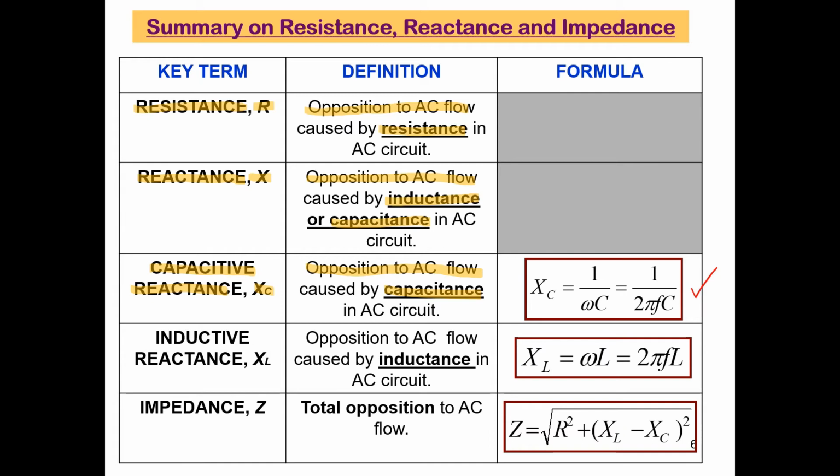Next we continue with inductive reactance, XL. It is an opposition to AC flow caused by inductance in an AC circuit, the opposition due to an inductor. The equation is XL equals omega L, and since omega is 2 pi f, XL equals 2 pi fL.